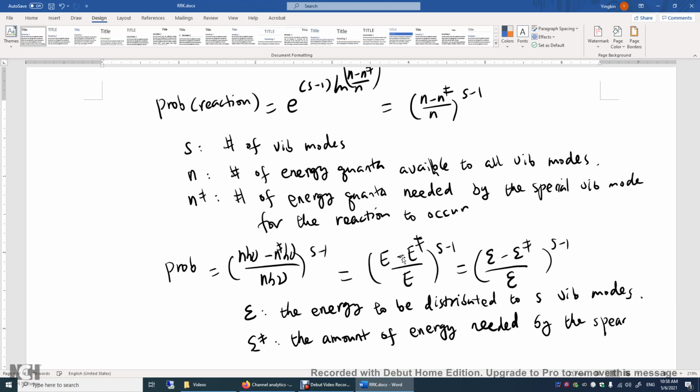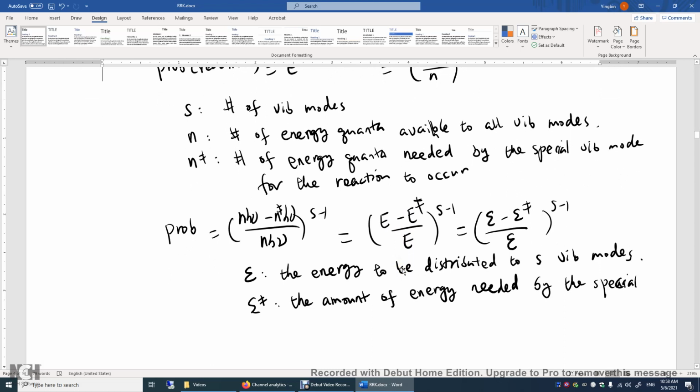When I say special, I mean this vibration mode is the vibration mode of interest. When this vibration mode gets enough energy, the desired reaction may occur.